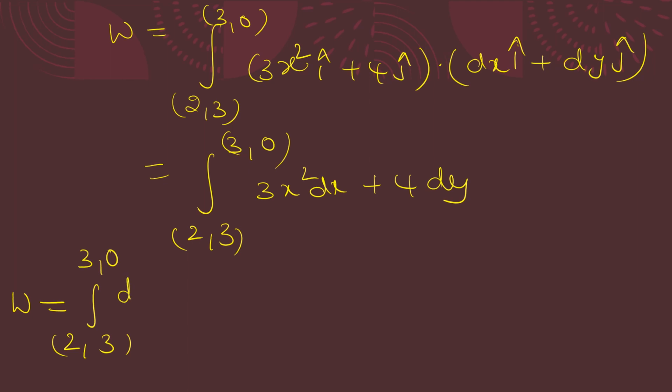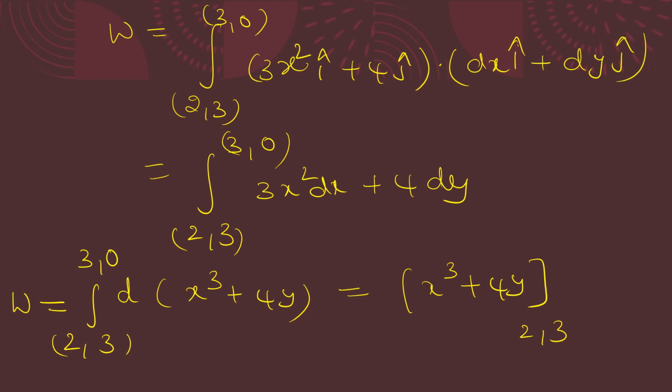So this is d of (x cube plus 4y). So x cube plus 4y with the limits. Applying the limits, x cube plus 4y from (2, 3) to (3, 0).